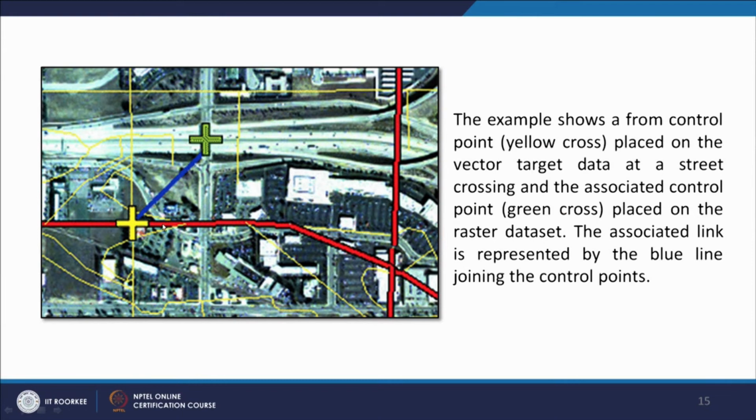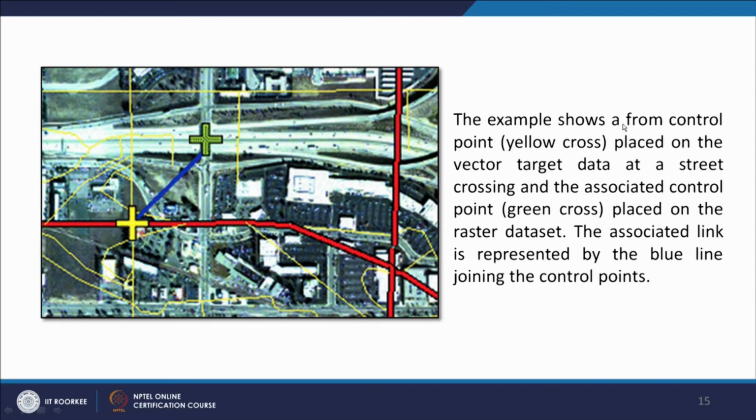Now if the error is large, you may get a situation something like this. The point is supposed to be here, the green plus sign, but the point is being displayed here. I have chosen a cross, but it shows that if I go for the next step, then this point is going to be at the location which is the yellow one.